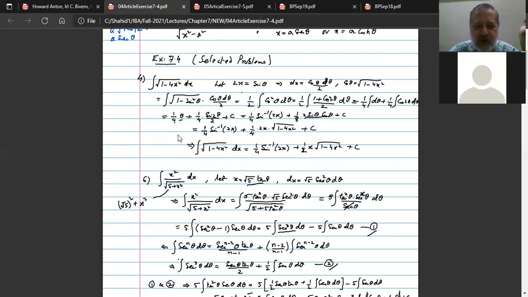And that gives dx is equal to cos theta d theta upon 2, and cos theta may be required later on when sine and cos are related by cos theta is equal to square root of 1 minus sine square theta. So cos theta will be written as 1 minus sine square, and sine square means 4x square.